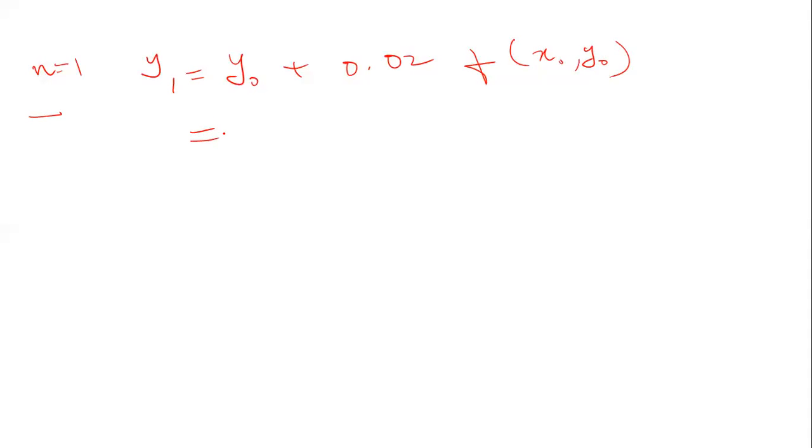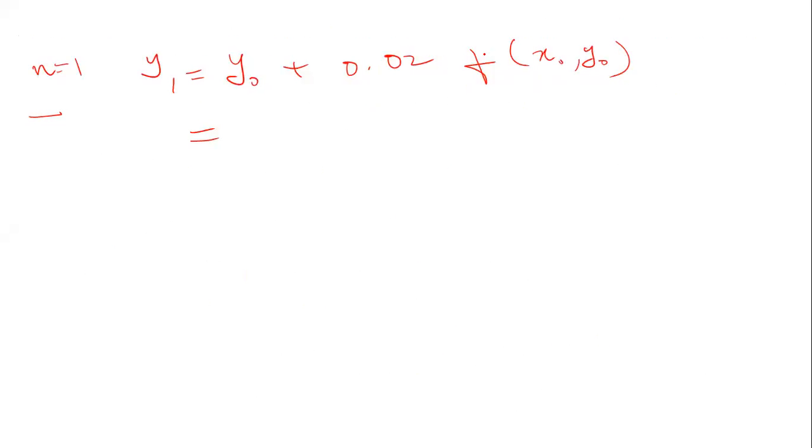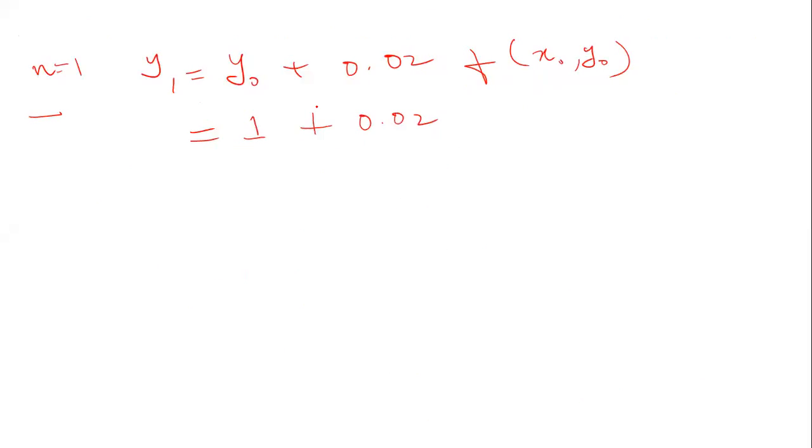What is our y naught here? y naught is 1, x naught is 0. So 1 plus 0.02 f of x naught, y naught. The functional form is x cubed plus y, so x naught cubed plus y naught.